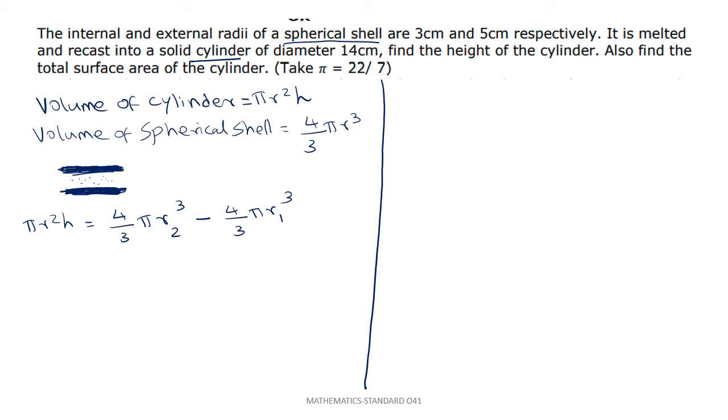Okay. So let's substitute the values now. Pi r squared h is equal to 4 by 3 pi, we can take common. R2 is the radius 5 centimeter. So 5 cube minus R1 is 3 centimeter.